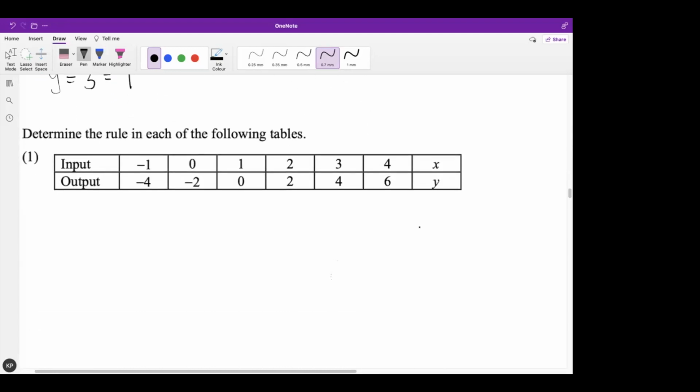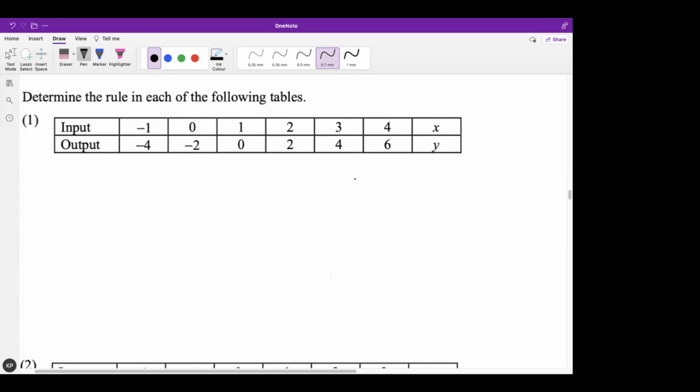Okay, let's continue. It says determine the rule in each of the following tables. Now I have -4, -2, 0, 2, 4, 6. What is happening there with my outputs? What are we doing with the output, guys?